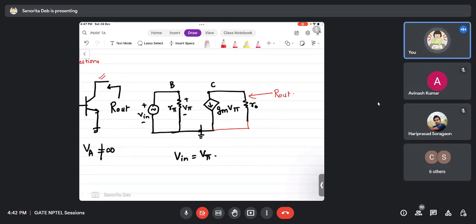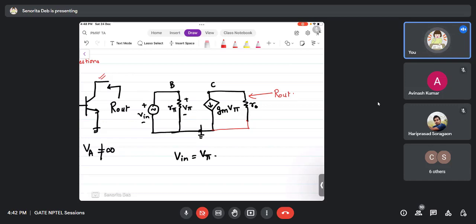Now you have a dependent current source in this circuit. The gm V pi current source is a dependent current source, so you cannot make it 0. What you can make 0 is V in, because that is independent. What is meant by independent? Independent means it is not depending on anything. It is a battery by itself, let's say, or a source by itself. Whereas gm V pi is dependent because it is dependent on V pi.